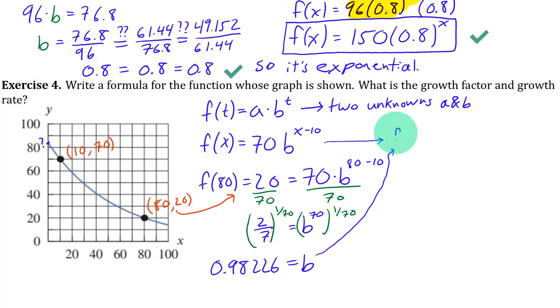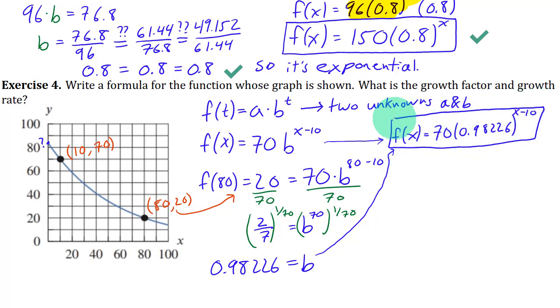The formula should now be f of x equals 70 times 0.98226 to the power x minus 10. And yeah, we've got the growth factor here, is already this, whatever the value of b is.